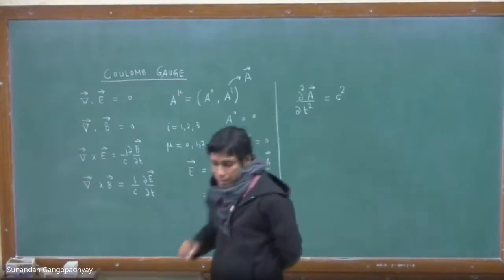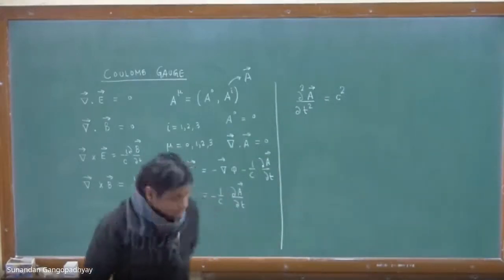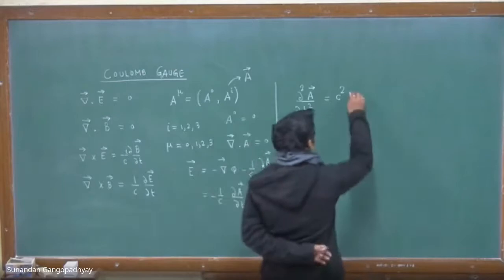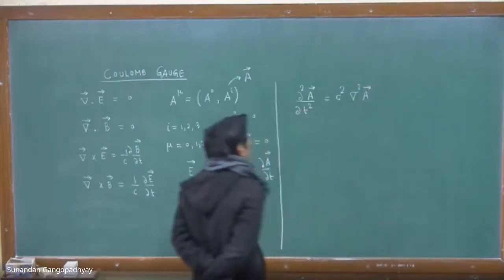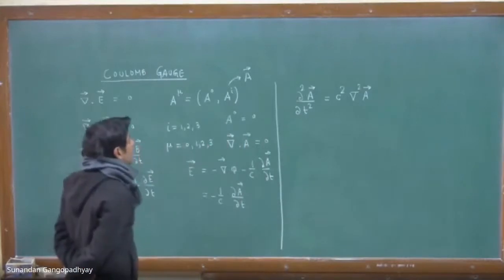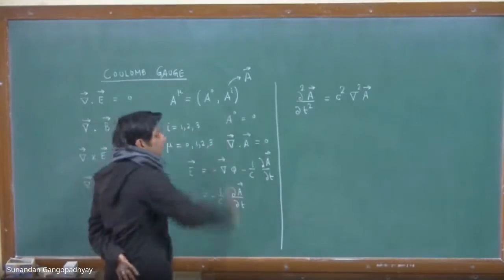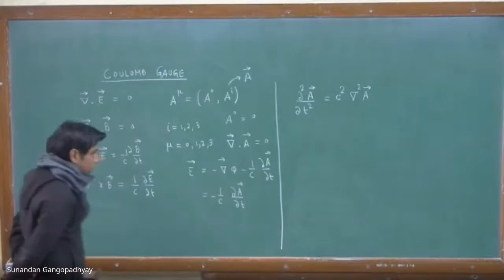This is basically del squared A minus 1 by c squared d squared A by dt squared equals 0, where del squared is the Laplacian. So this is a wave equation that is satisfied by this vector potential.